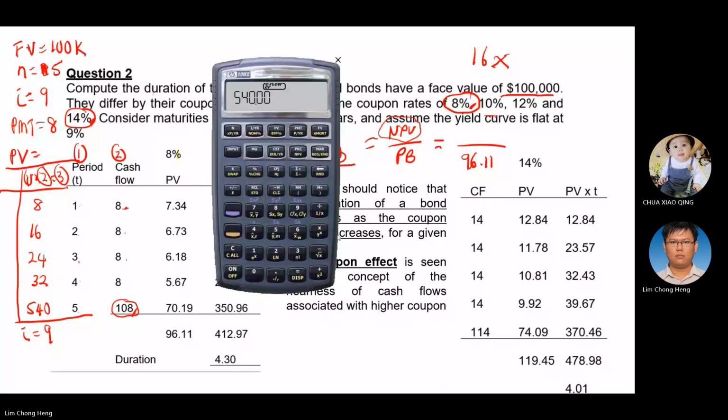So 9% is the I interest rate. So after you key in the interest rate, we go to find the MPV. Shift MPV here. So you get 412.97.